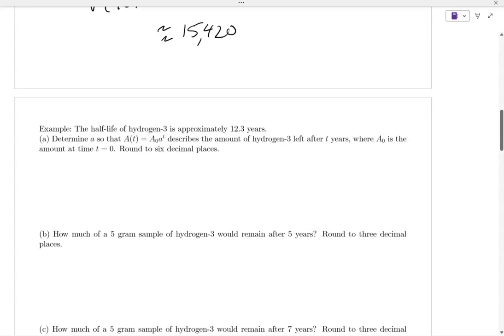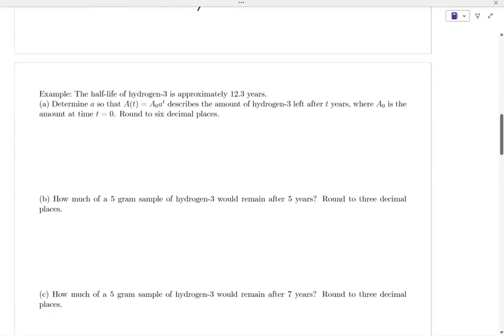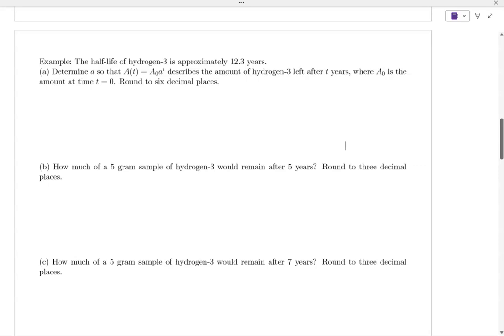So let's see where that comes about. We don't know how much we're starting with, because that's what that a sub 0, that a naught value is. But if we start with a naught, we know that in 12.3 years, we're supposed to be half of what we started with. That's kind of our defining equation there, right?